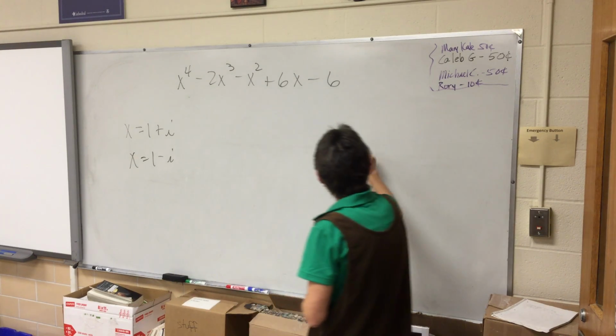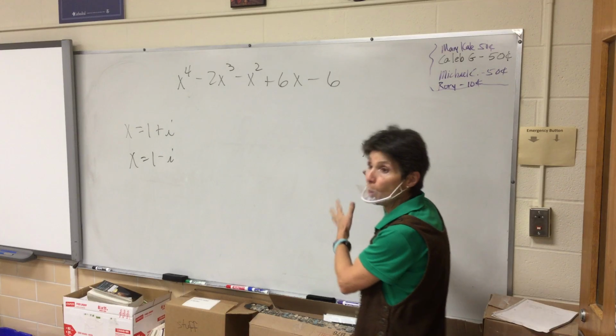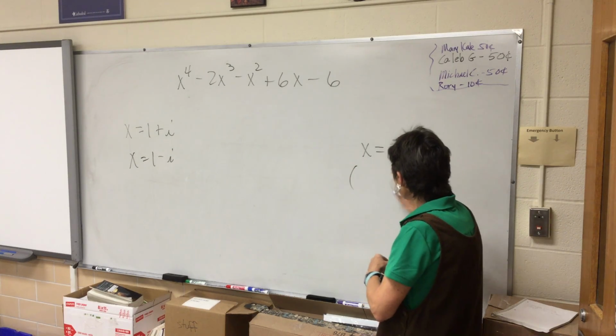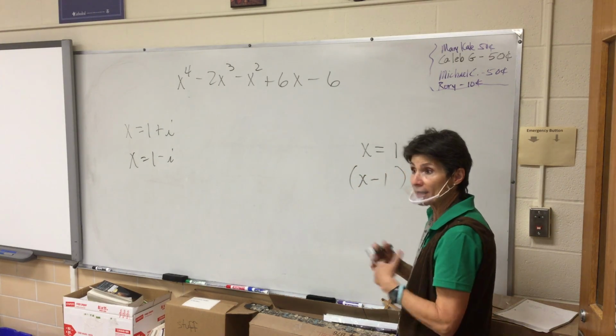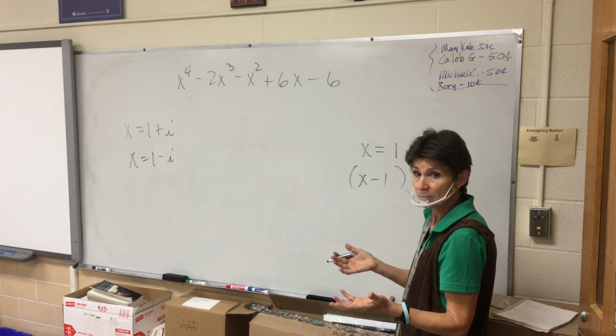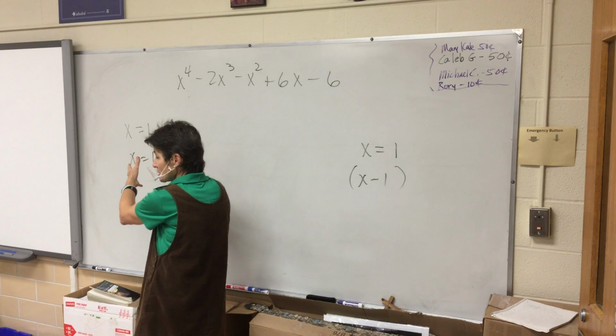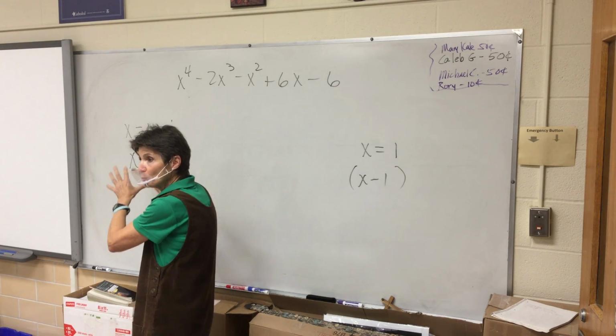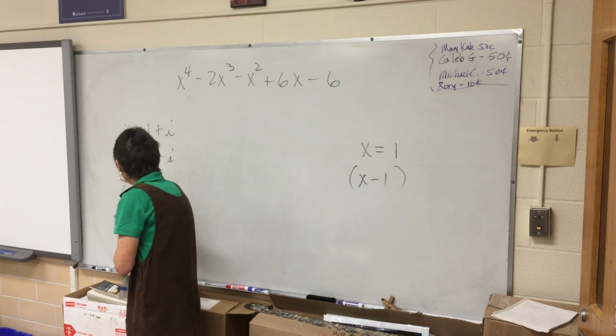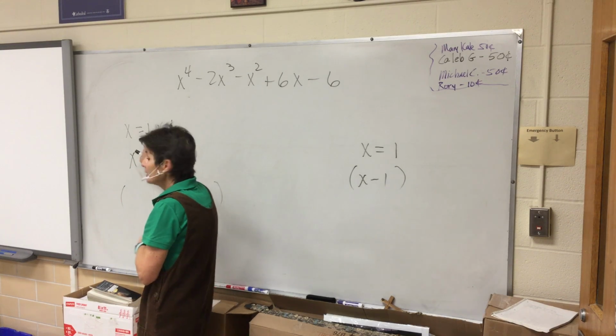Now, here's what I mean. When I say x equals 1, that translates into the factor x minus 1. So what would be the factors that generated these? If these came from factors, what would those factors be?